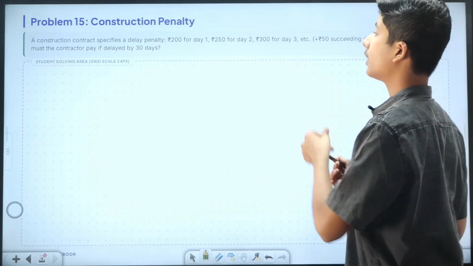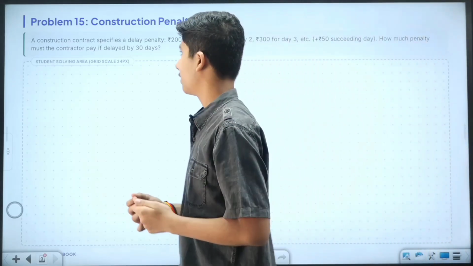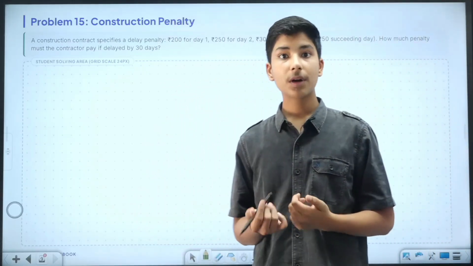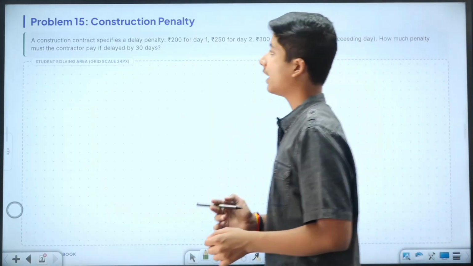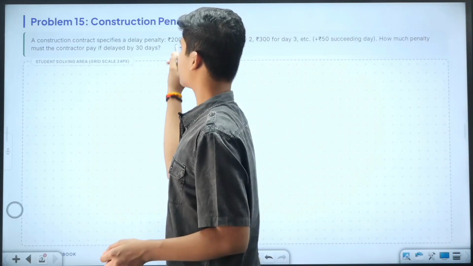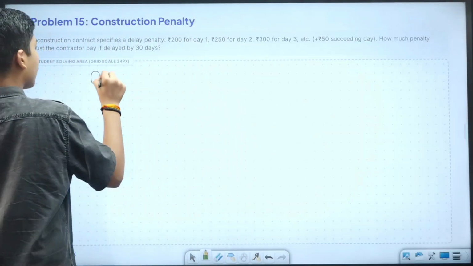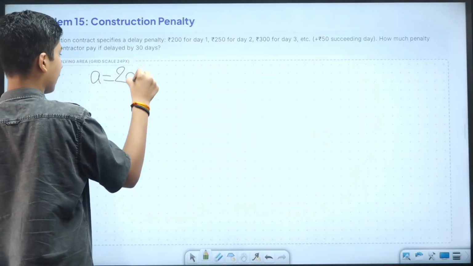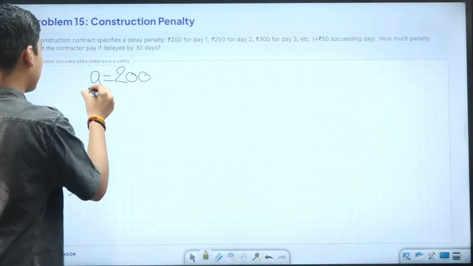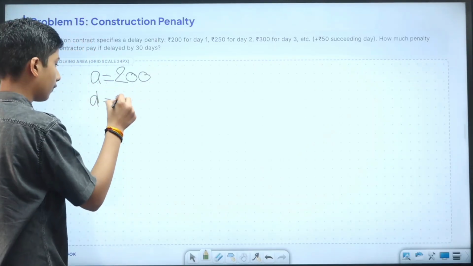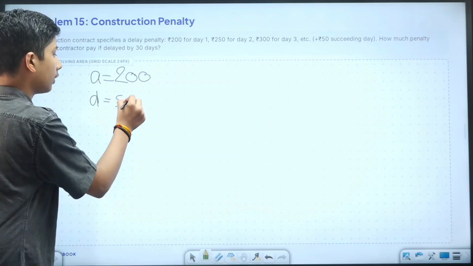If the contractor delayed 30 days, how much will he have to pay? See, first term a is 200 for day 1. For day 2 it is 250, so we can say that difference is 50.